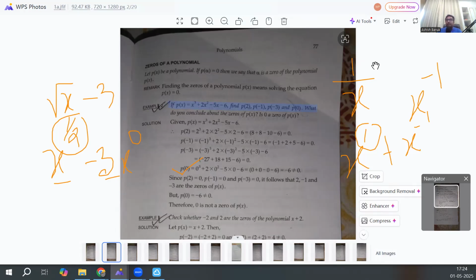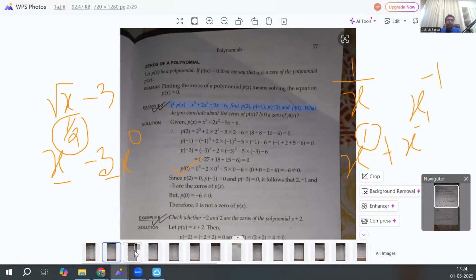Now you will ask, what's the importance of this 0? While solving an equation, we need the roots of an equation. The roots of an equation, the solutions of an equation, or the zeros of a polynomial are the same.